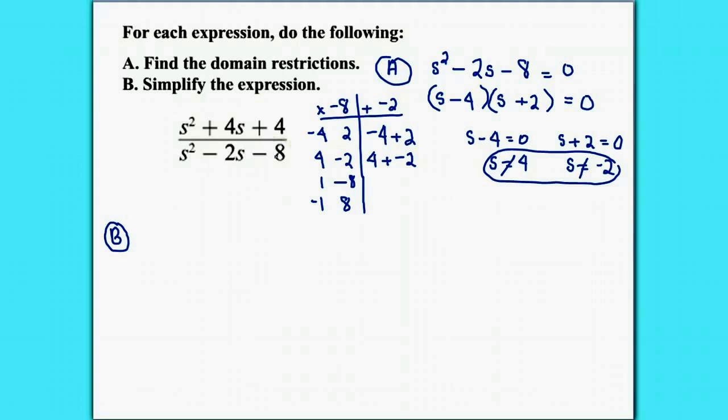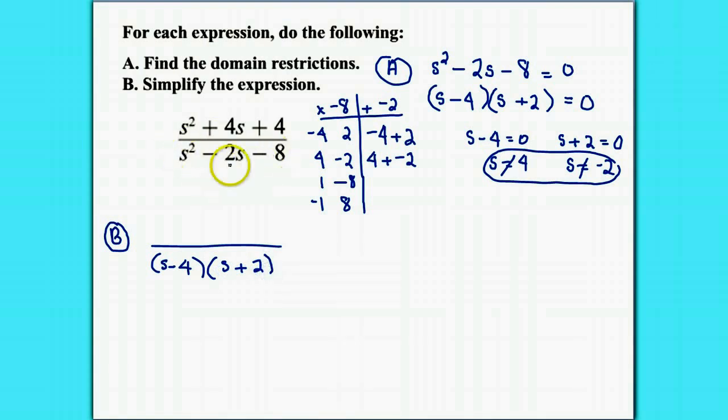So if you come across that type of situation, most likely what you're going to do is factor. And we've actually done that in part A already. So let me make my division symbol here. We're going to have s minus 4 and s plus 2 is what the denominator factored into.